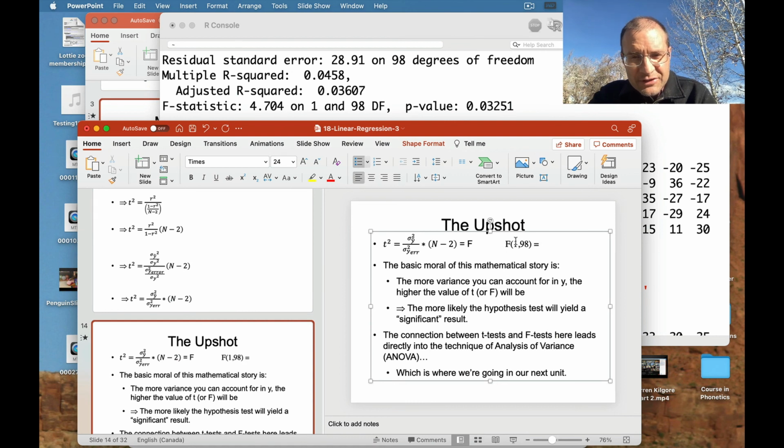So there are two different degrees of freedom there, 1 and 98. And then that is equal to the F statistic itself, 4.704. And then the p-value is this, 0.03251. So this is how you'd report that result here.